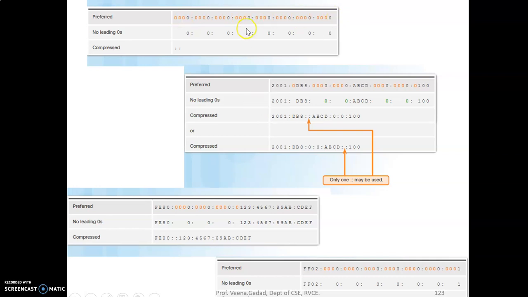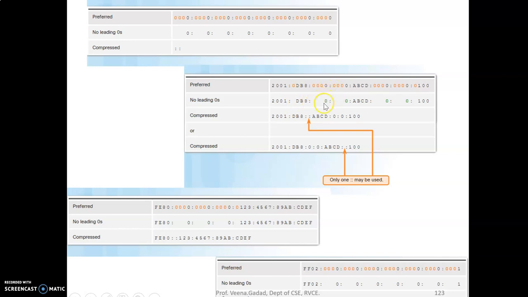This is example 1. Let us see another example wherein hexets 1 and 2 are valid numbers, 3 and 4 are 0, 5 is a number, 6 and 7 are zeros again, and 8 is 0 again. If you observe, 2001 I represent as it is. Since there is a leading 0, I omit it and write it as DB8.